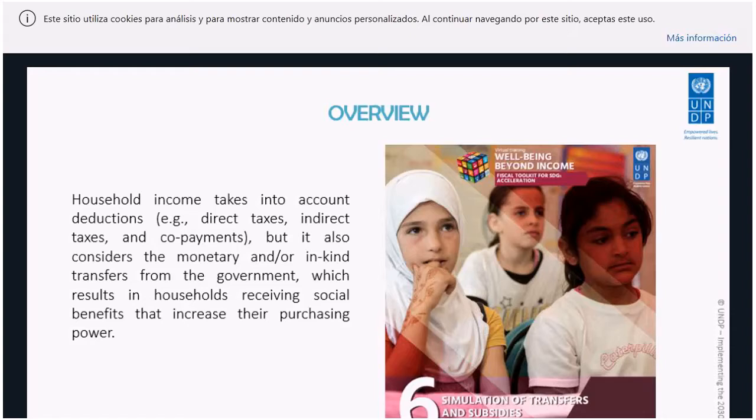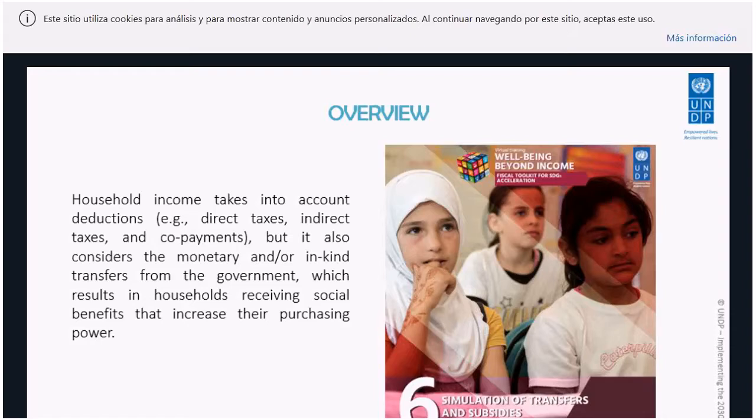In a magnitude that for some households, that change could even move those households into an extreme poverty condition, for instance, right?